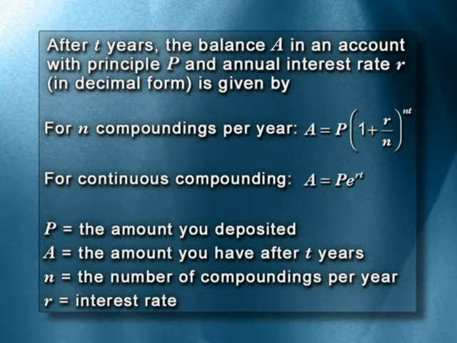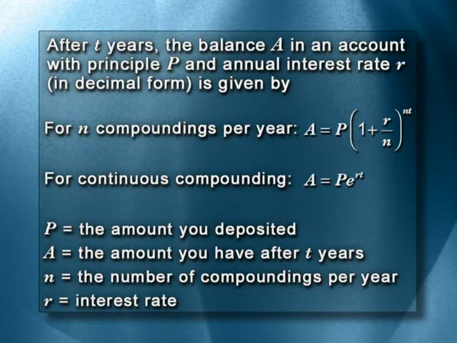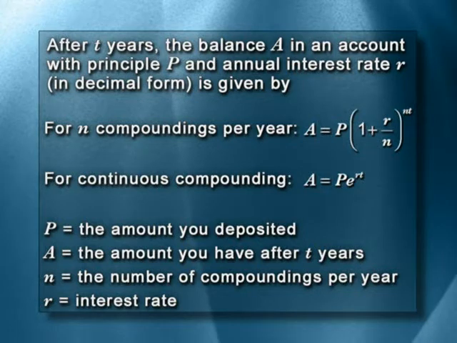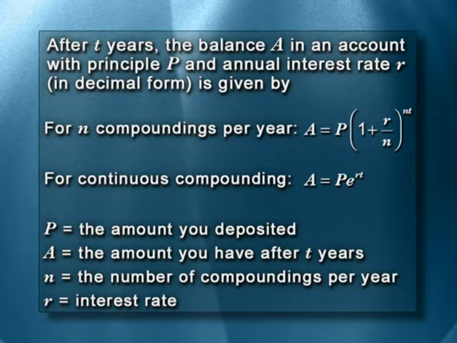And this formula then takes on a new form if you have continuous compound interest. The amount you have in the bank is equal to P e to the rt, where e is that new number we've been talking about. Wow. That's actually a simpler formula, isn't it? Continuous compound interest is pretty easy to work with.